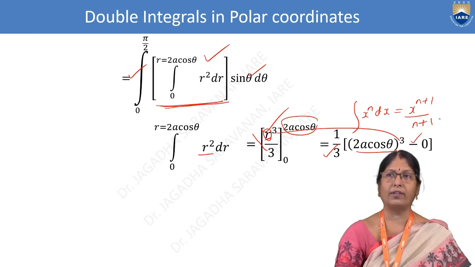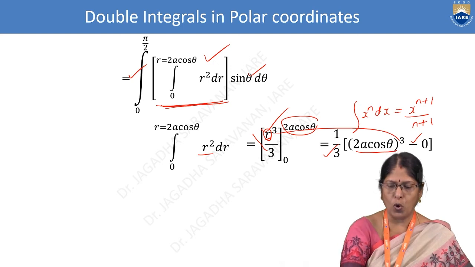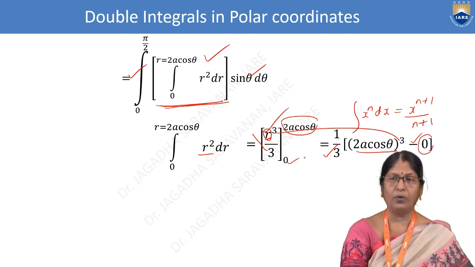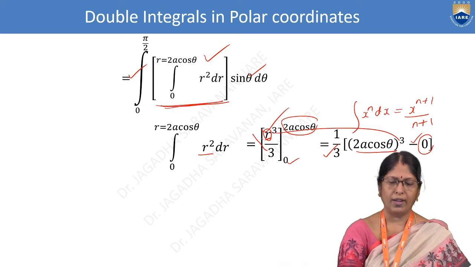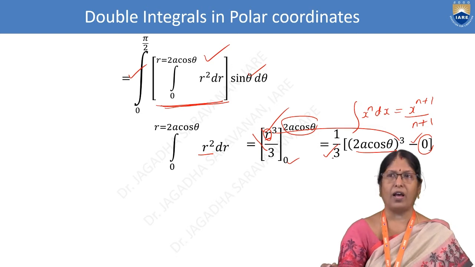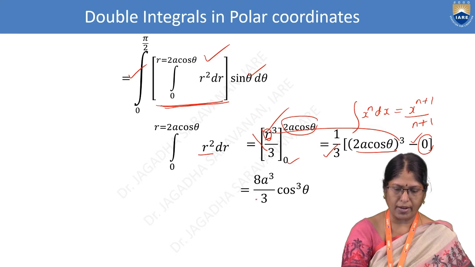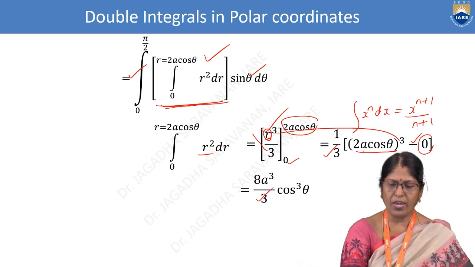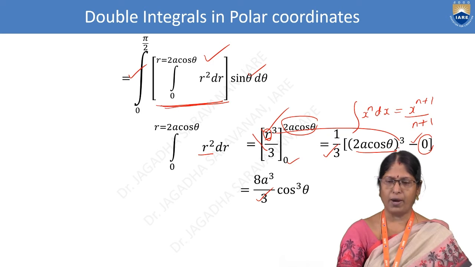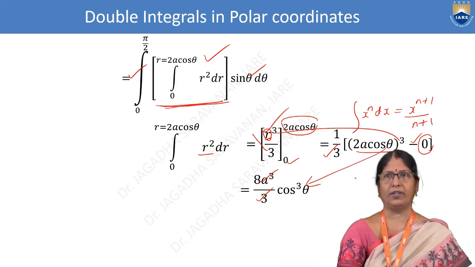This is nothing but upper limit minus lower limit, that is the formula. The lower limit, substituting in place of r, has become 0. Now this 1 by 3 is written as it is. 2a the whole cube is nothing but 8a cube. Cos theta the whole cube has become cos cube theta.